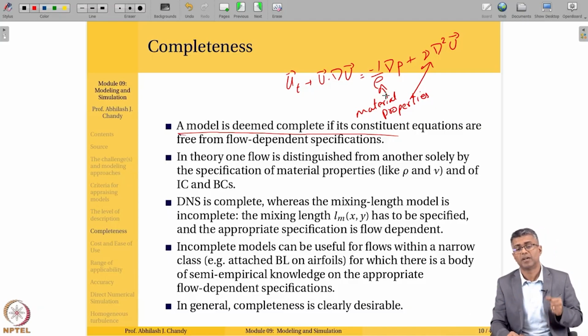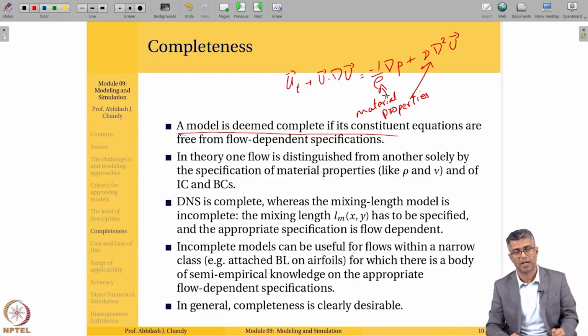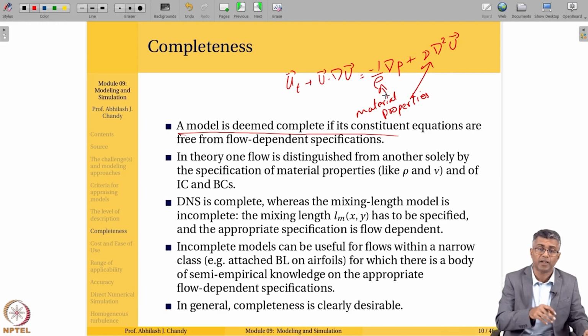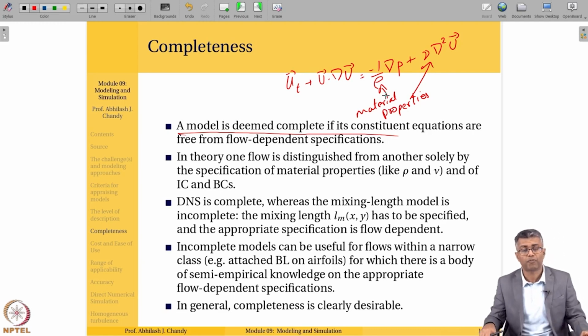So in general, completeness is clearly desirable, because what works for aerodynamics might not work for internal flows, pipe flows. The same mixing length that you specify in a mixing length model calculation, which you probably got from experimental measurements in aerodynamics, can you apply that to a turbulent pipe flow?